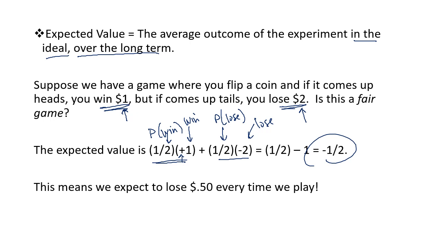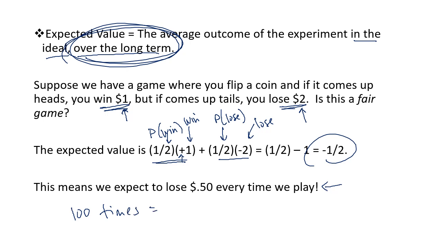Is it possible to play one time and lose 50 cents? No, and this is where the long term is important. So while this isn't really possible to happen, if I play 100 times, then I expect to lose $50, and that certainly could happen.